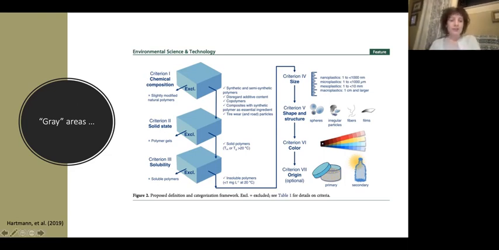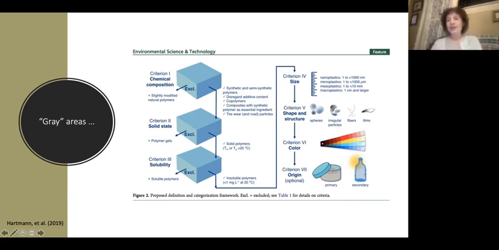But as you can see here, this is a proposed definition and categorization framework that came out in 2019 from Hartmann et al. They had a couple of different criteria. One was chemical composition, one was that it was a solid state, and then they had a third criterion for solubility to include soluble polymers.